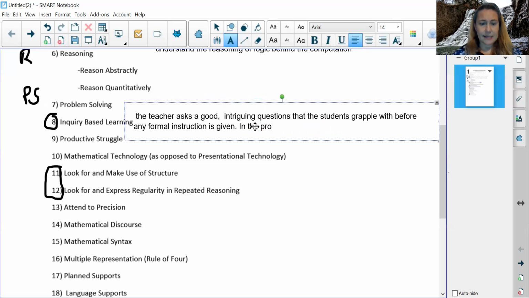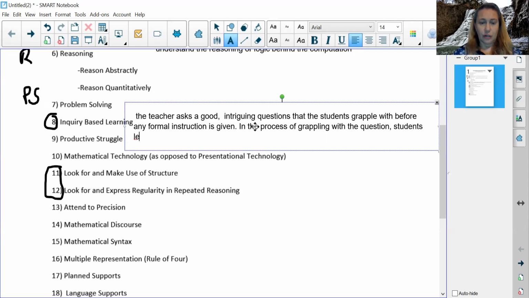In the process of grappling with the question, students learn what the teacher intends to teach them. Right? And this is really, again, the first article that you're going to read, Teach Through Problem Solving.